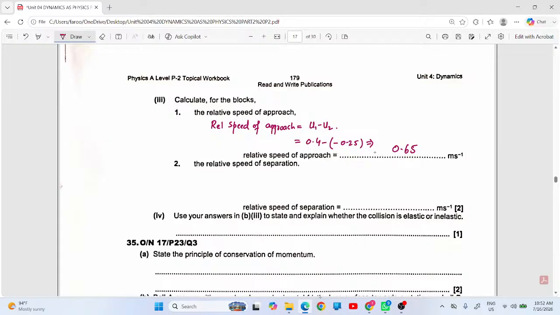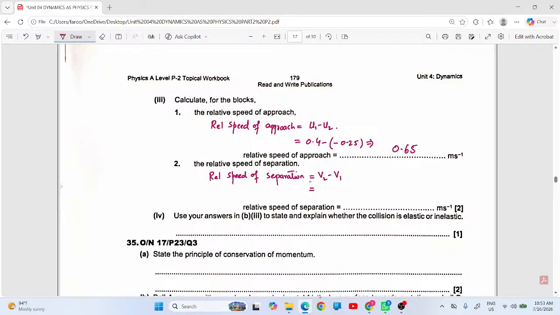Next, relative speed of separation. वो हमारे पास क्या V1 होता है? V2 minus V1. इसमें हम क्या लिखते हैं? Relative speed of separation, which is V2 minus V1.